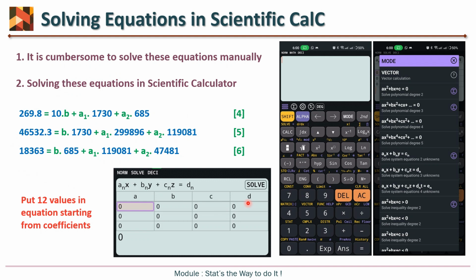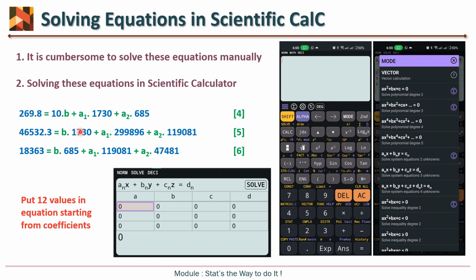But here there is a glitch. The value which is before equal to, that I will be putting in column D. So I have to start putting the values from the coefficients, that is here. Listen very carefully. First of all, I will put values starting from here: 10, then 1730, then 685, then 269.8.